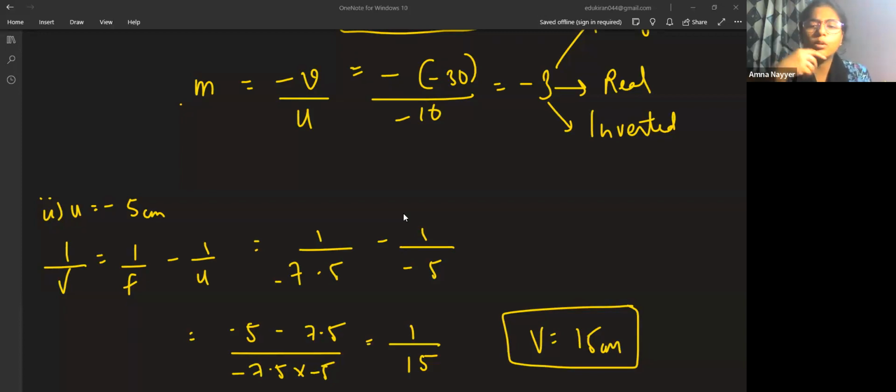So orally only we have to solve it. Minus 5 minus 7.5. One more minus will be there, no? So yes, it will come out to be 1 by 15 only. See 2, then 3, so 30. So 1 by 15. 1 by 15 only it should come. And you all are also getting 15 centimeters only.